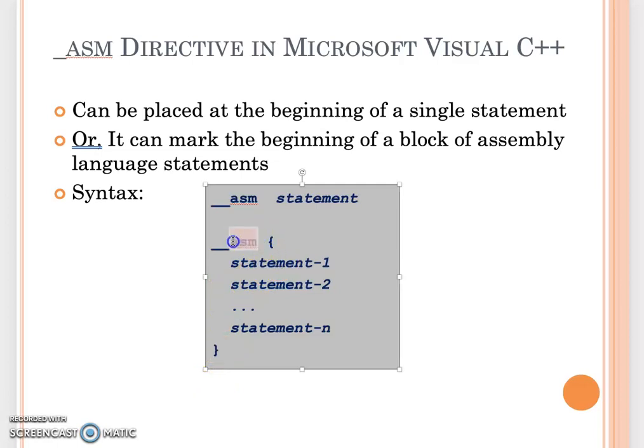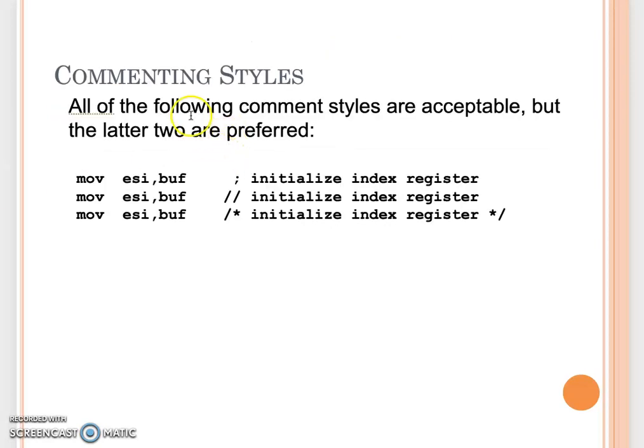Just before that, you have your __asm directive, and the C++ compiler will understand it. For example, your statement can be just a move instruction or an add instruction.